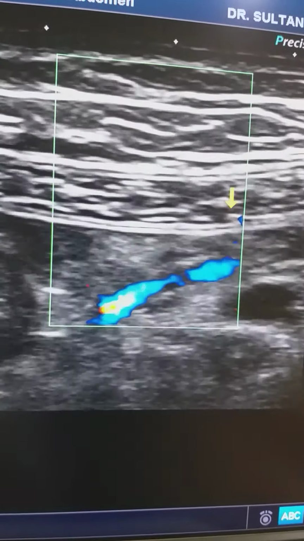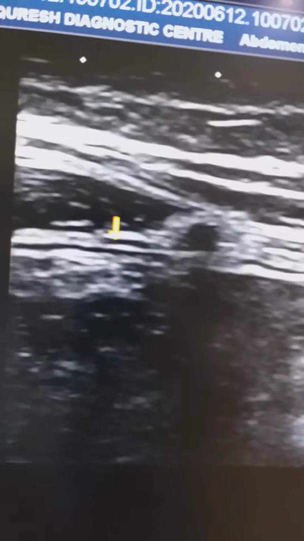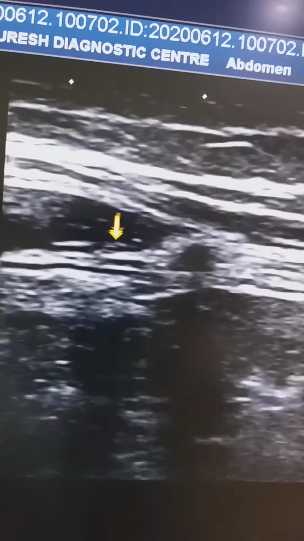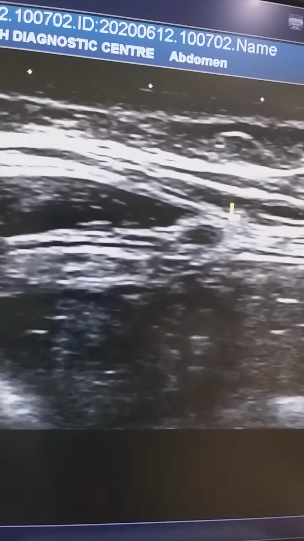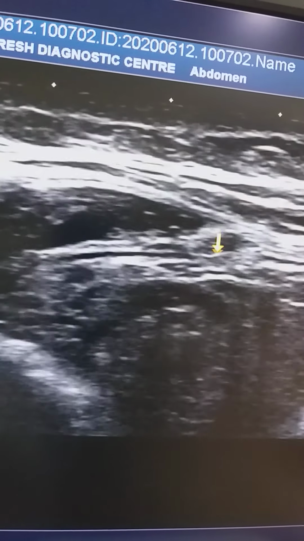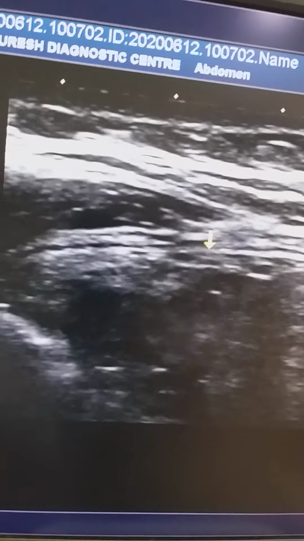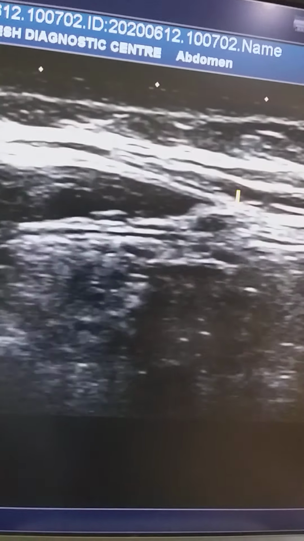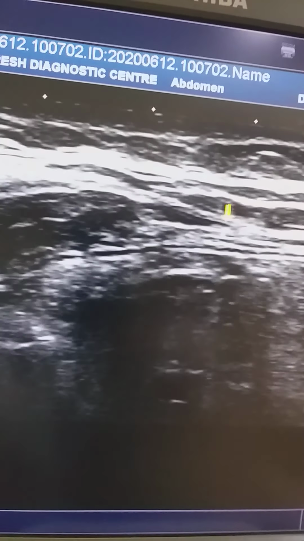Here we can appreciate the entrance of the oblique muscle, and here is the rectus abdominis muscle, and this is the point, linea semilunaris. This is the point where the Spigelian hernia can occur.